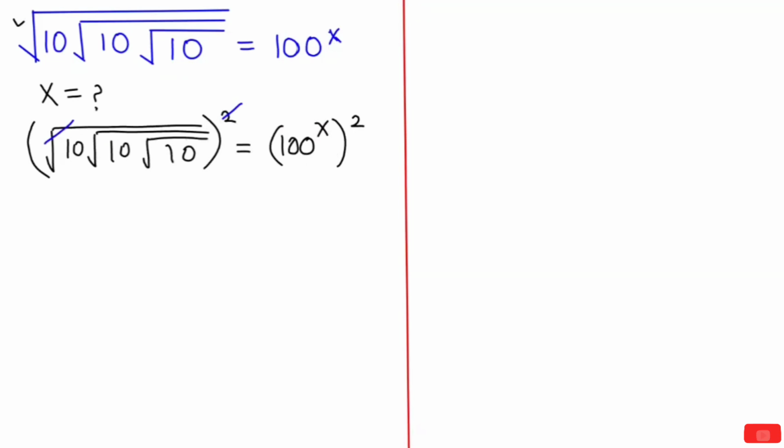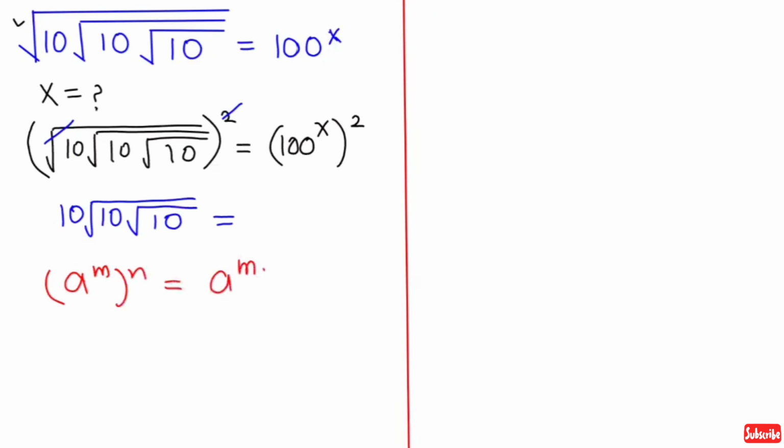So the expression we get is 10 root of 10 root of 10 is equal to, here the powers are going to be multiplied using the exponential rule: a to the power of m whole to the power of n can be written as a to the power of m times n. So here this will turn to 100 to the power of 2x.